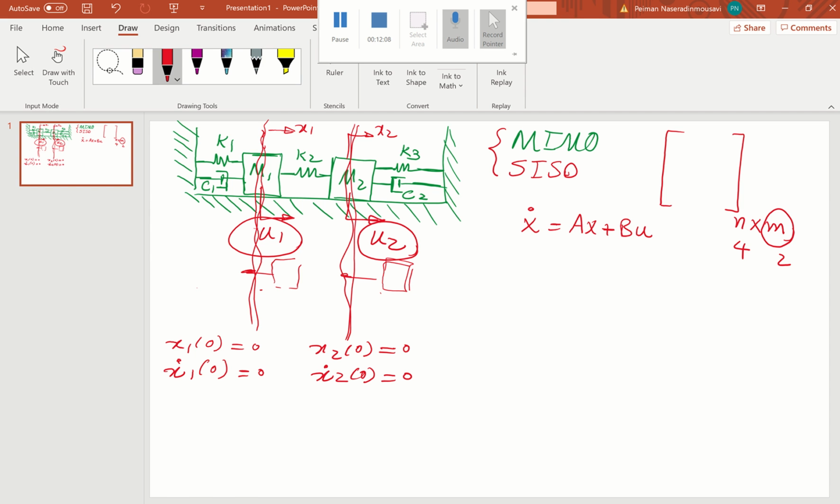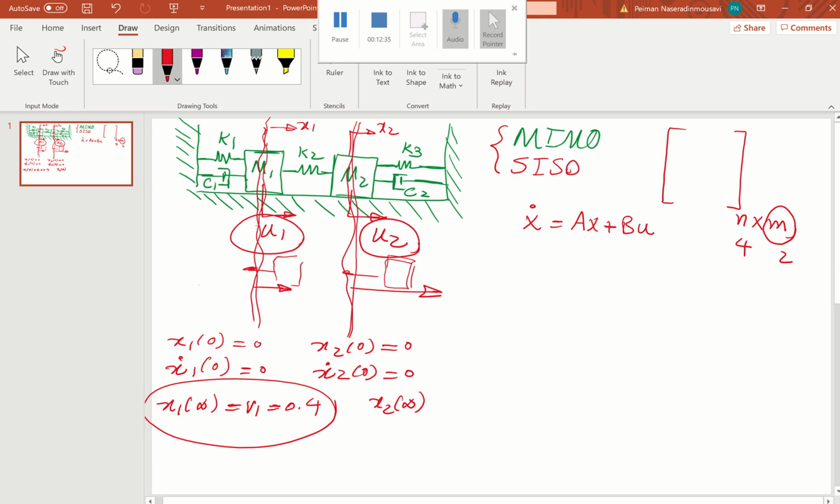They are at rest. And I want to design a controller that pushes x1 at time infinity to R1, that is, I don't know, say 0.4, and x2 at infinity, just move it this way, okay, from rest, to a non-zero desirable value R2 as, I don't know, 0.3.